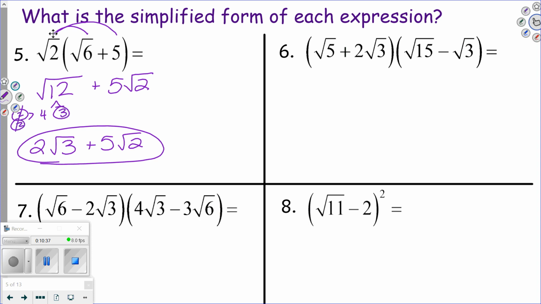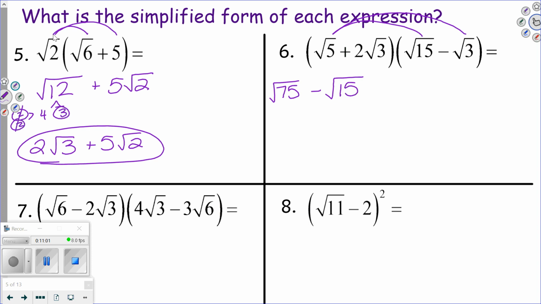Go nice and slow because there's a lot of pieces with a lot of things going on here. So we're going to distribute the radical 5 first. Radical 5 times radical 15 is radical 75. Good. All right, and we're going to distribute to the other term. Radical 5 times negative radical 3. Perfect. Negative radical 15.